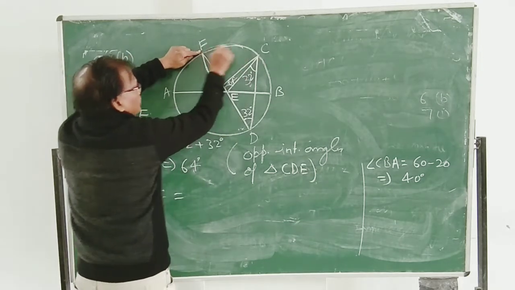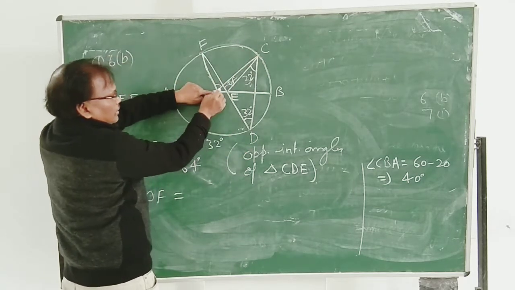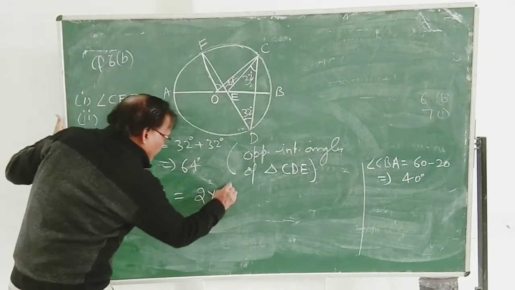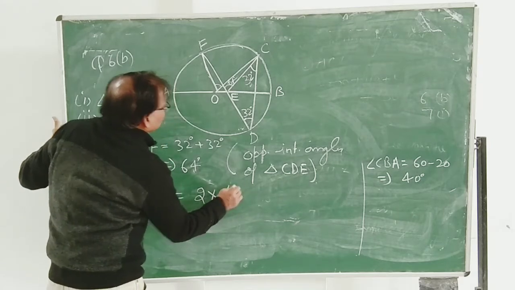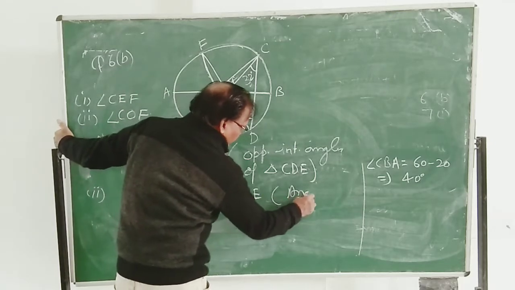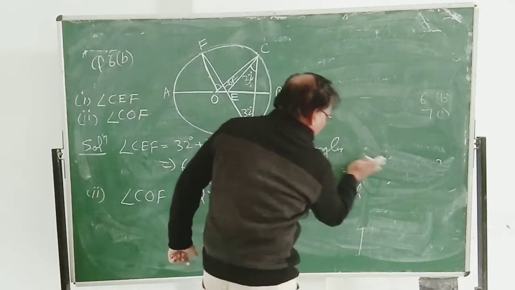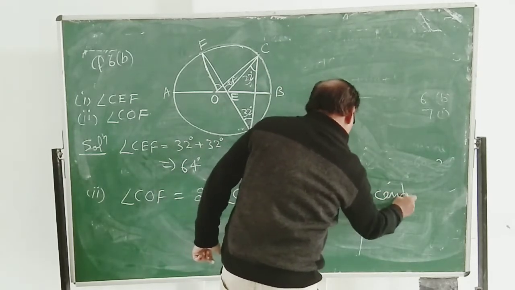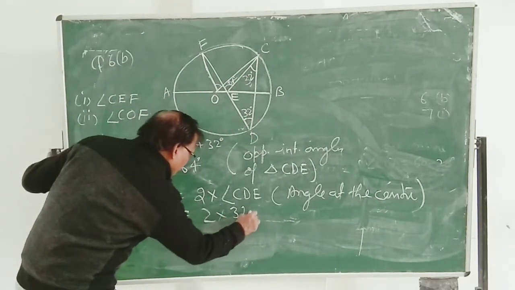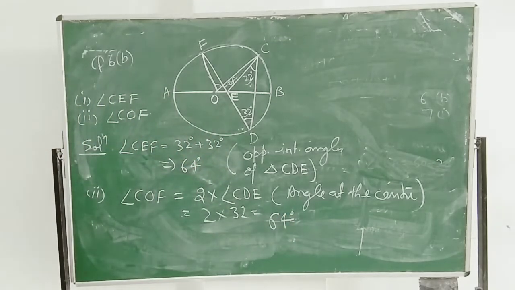From the arc FC, the angle made at D is 32 degree, and from the same arc the angle at the center is just double it. So this is equal to 2 into angle CDE, the angle at the center. So this is equal to 2 into 32, which means 64 degree. So this way you can find.